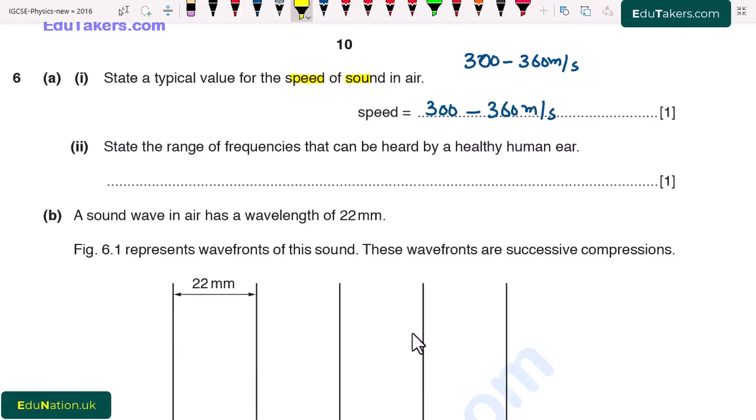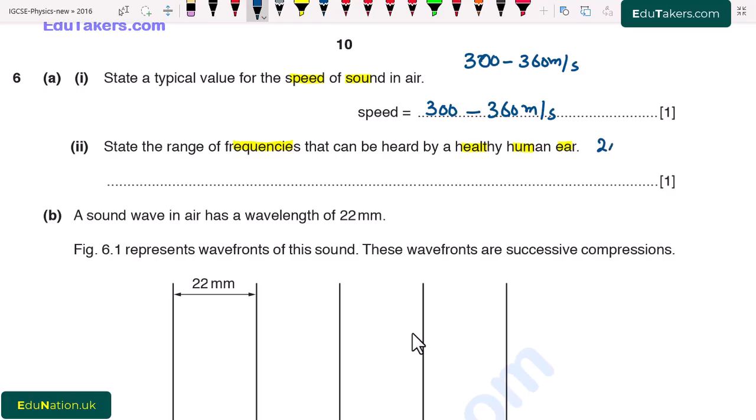Next, part 2. State the range of frequencies that can be heard by a healthy human ear. So here we have to state the range of frequencies that can be heard by the human ear. So the human ear can respond to the frequency ranges from 20 Hz to 20,000 Hz.